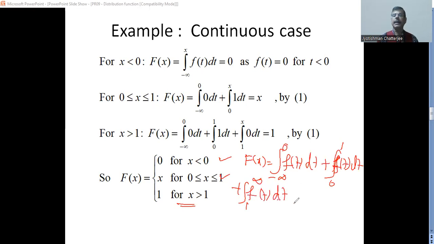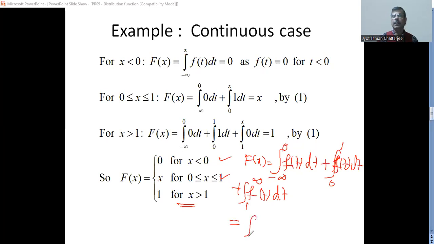The first and third integrals are 0 because in these ranges, namely from minus infinity to 0 and 1 to infinity, we know f(t) equals 0. That's why the first and the third integral will vanish. And we will be left with only the second one.